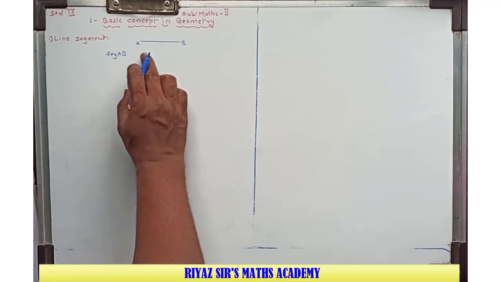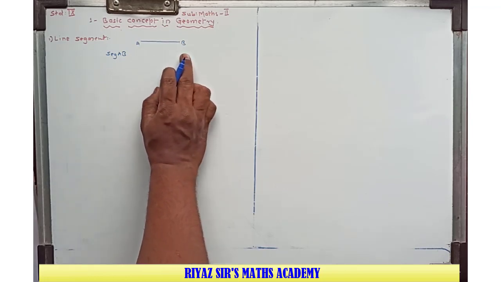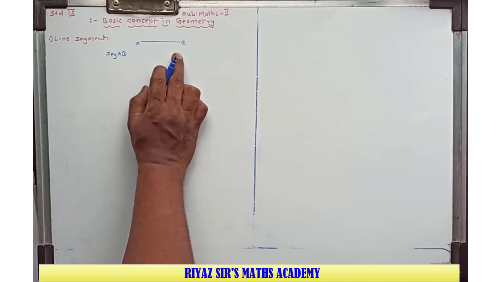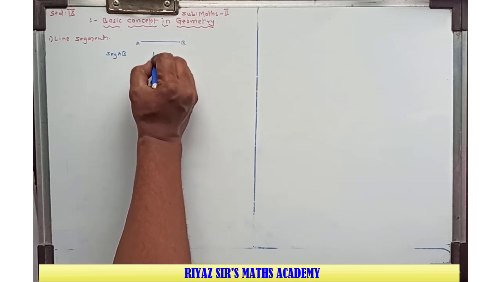Points A and B are called the end points of segment AB. The distance between the end points of the segment is called the length of the segment and is denoted by length of AB.